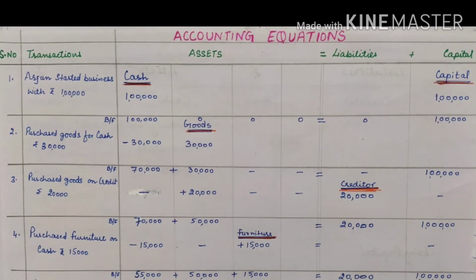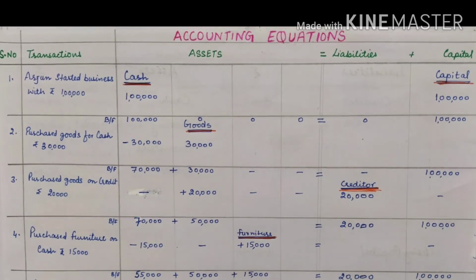So the effect of the transaction is to reduce the cash by rupees 30,000 due to the purchase of goods with the same amount. If one asset, here goods, is raised due to the transaction, then the other asset, cash, is reduced by the same amount. So the total of assets remains unchanged, which is expressed in accounting equation assets is equal to capital plus liability.